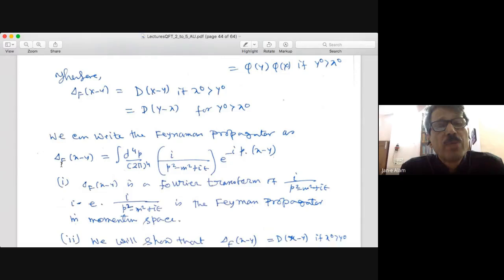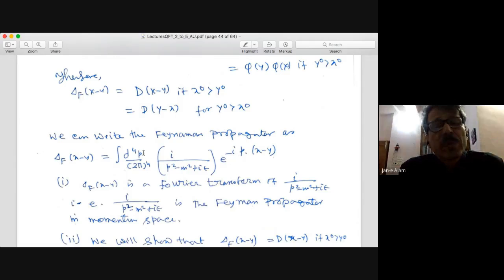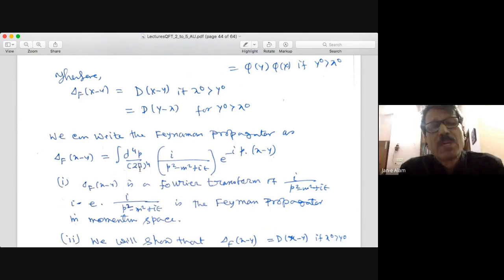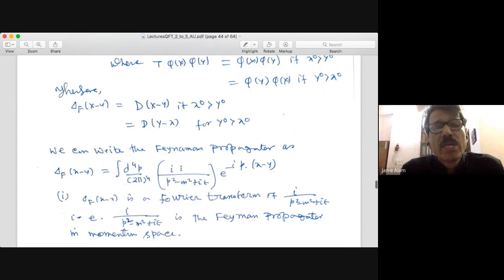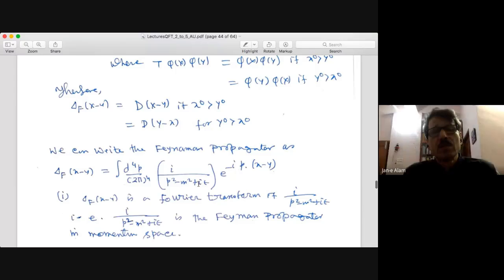And then what we are going to do is evaluate these integrations. This Feynman propagator with argument x minus y is given by the d⁴p integration, that is d³p integration times dp⁰, where p⁰ is the temporal component of the momentum vector. So d⁴p divided by (2π)⁴ times i divided by p² minus m² plus iε, right?